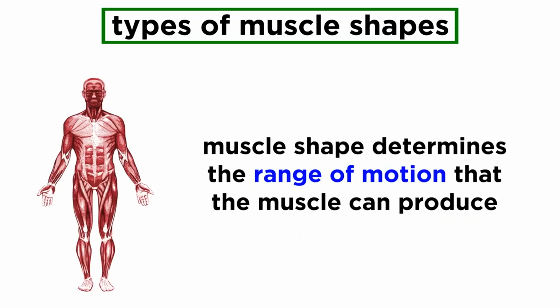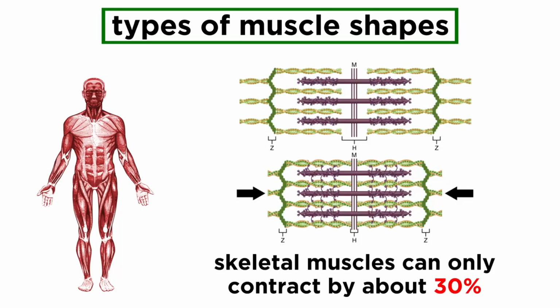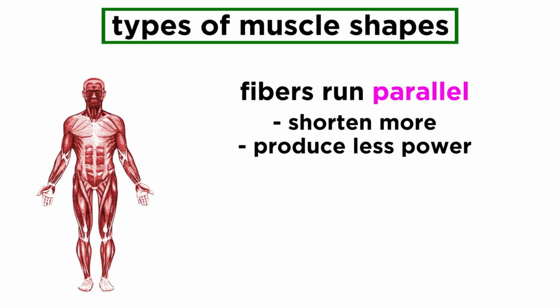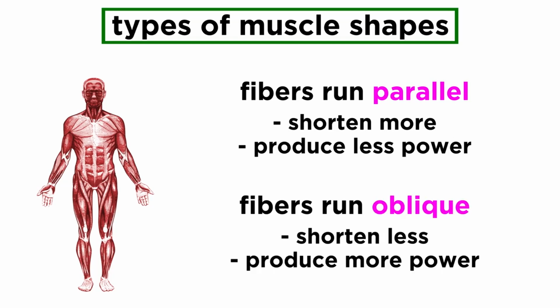These different shapes determine the range of motion that the muscle can produce. Any skeletal muscle can only contract by about 30%, so the muscles with fascicles that run parallel to its long axis will shorten the most, but sacrifice some power. The muscles with many fibers at oblique angles will shorten less, but produce more power.